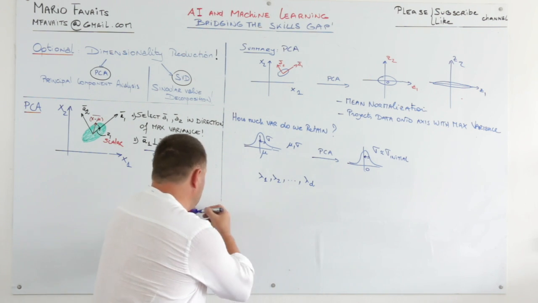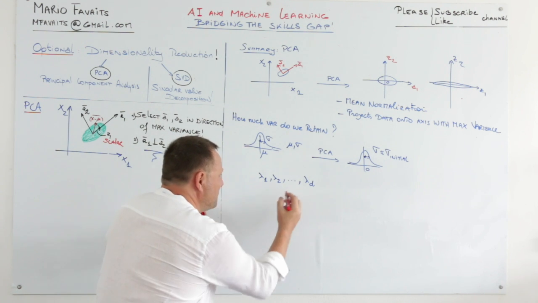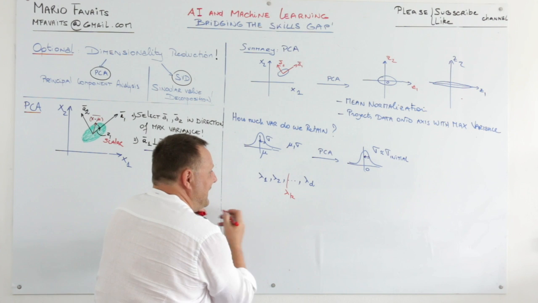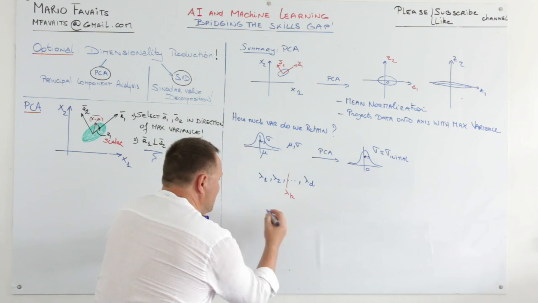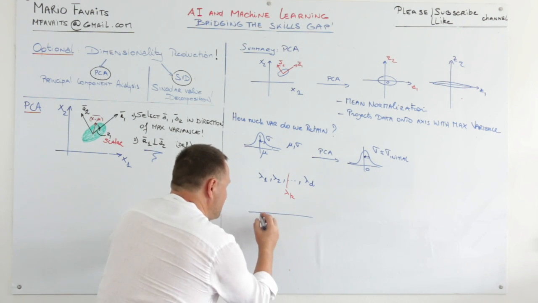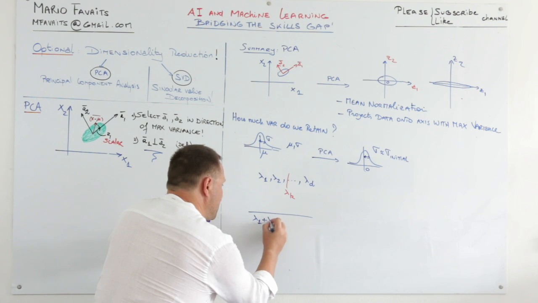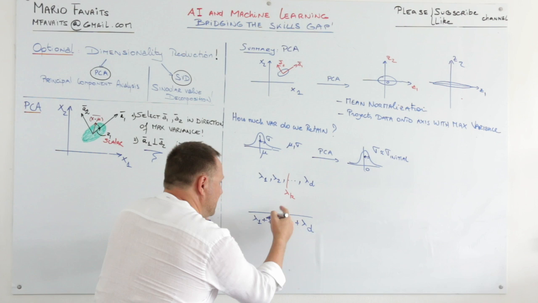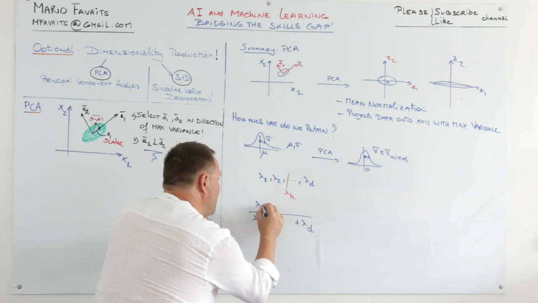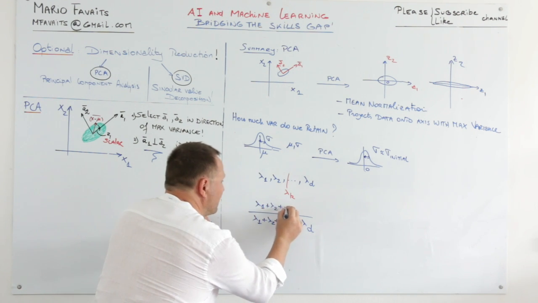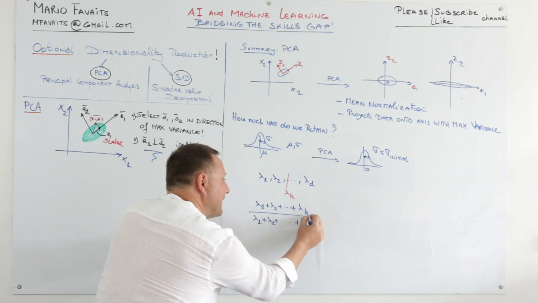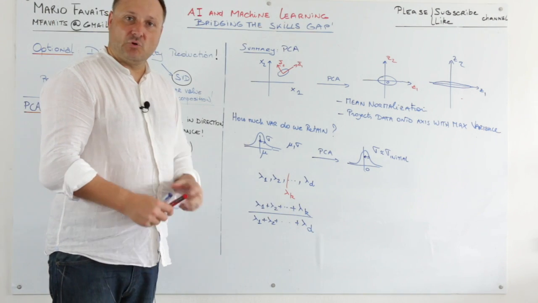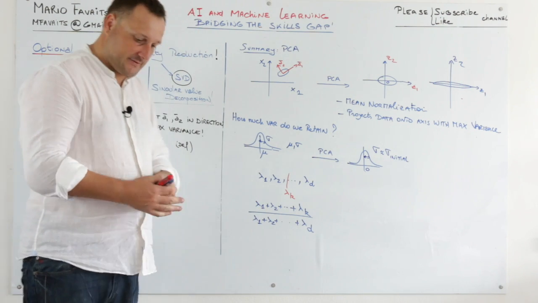So what we try to do is reduce the number of dimensions, for example, up to lambda k, so that we retain the maximum variance. So in the denominator you have lambda 1 plus lambda 2 all the way to lambda d, and in the numerator you have lambda 1 plus lambda 2 up to lambda k. And you only retain k principal components out of the d dimensions.